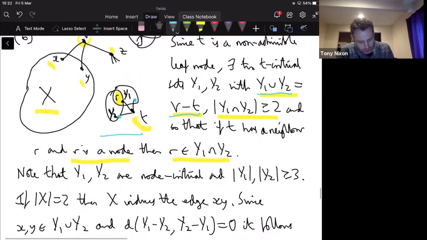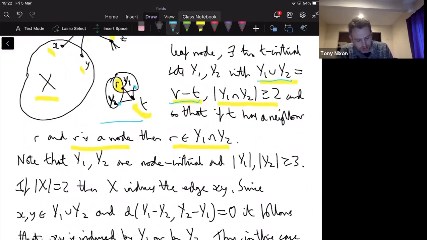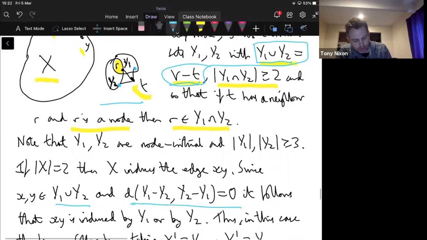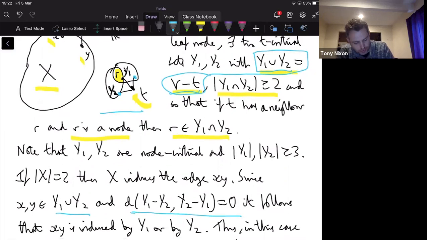If X was only a single edge, then this would be an easy case because X and Y are in the union Y1 union Y2, because Y1 union Y2 is V minus T. But from the counting we did last time, the edges between them don't exist. So XY can't be like that; XY would be in here or it would be in here.